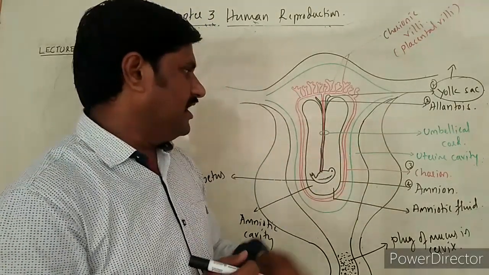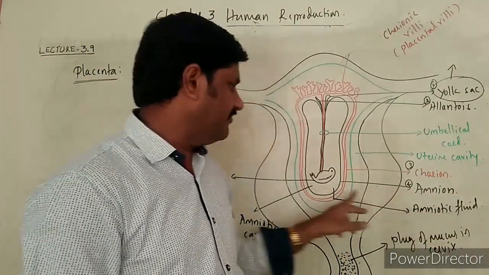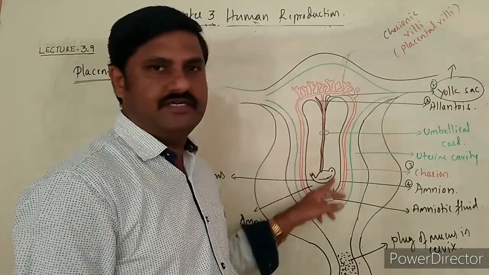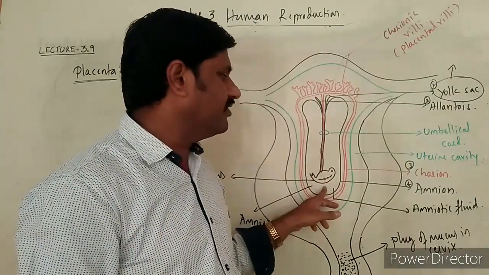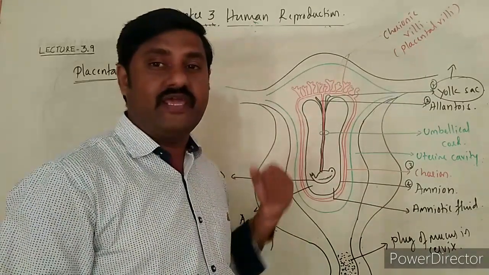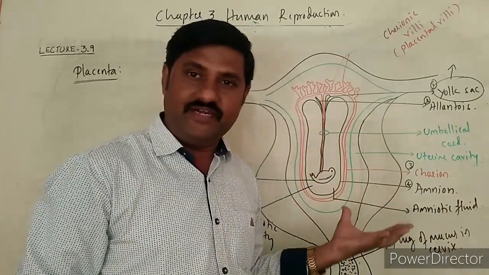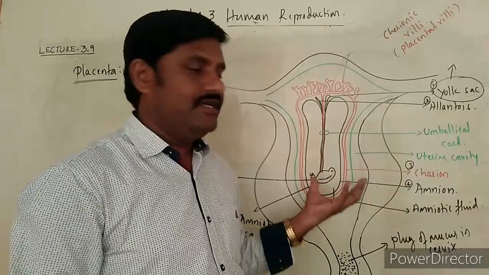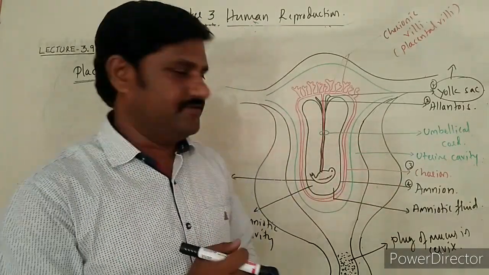And this is the uterine cavity, you know it better, and the amniotic fluid. The developing embryo is sailing inside, rotating inside, the fluid called amniotic fluid, which is present inside the amniotic membrane, right? Especially it is present inside the amniotic cavity. The amniotic cavity is completely filled with amniotic fluid, inside which the embryo is moving, right?